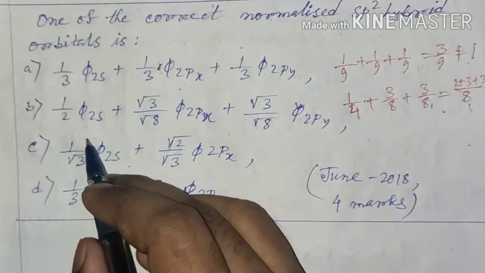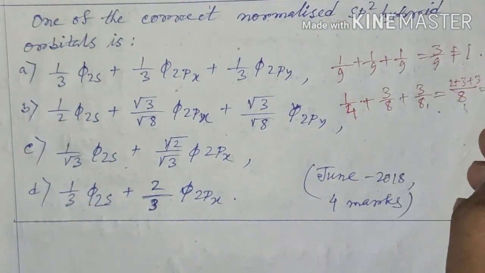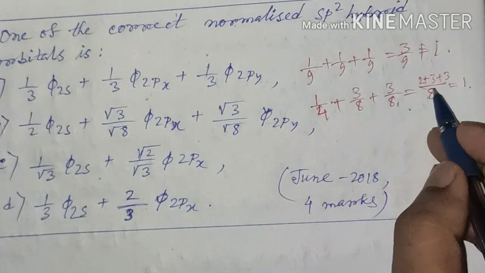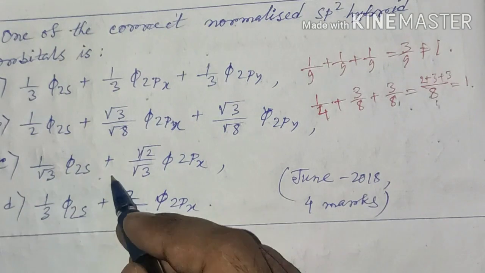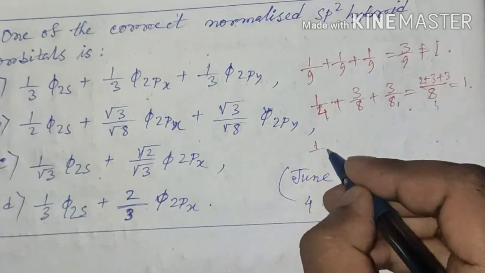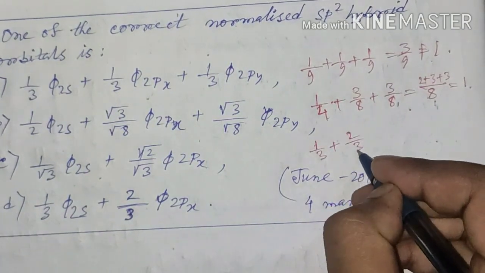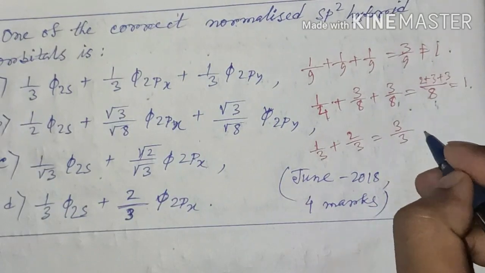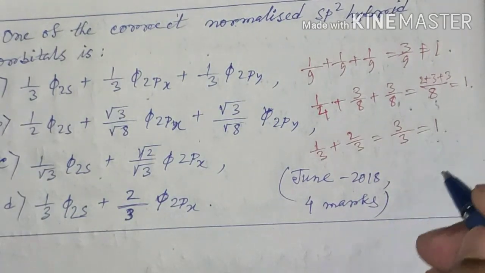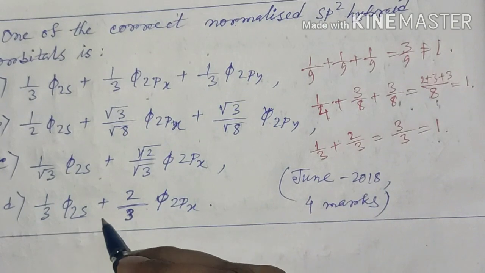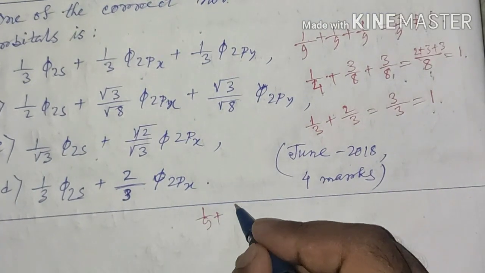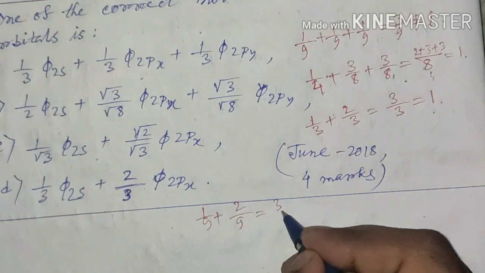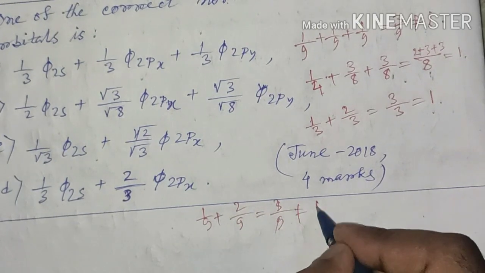In the third case it is 1 by 3 plus 2 by 3, so the contribution summation is also equal to 1. In the last case, the summation is 3 by 9, so not equal to 1.